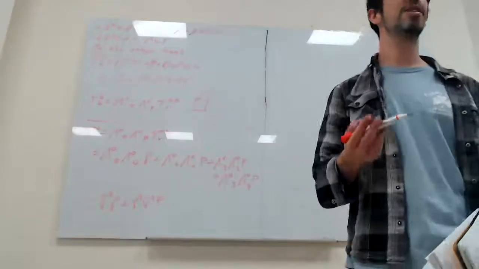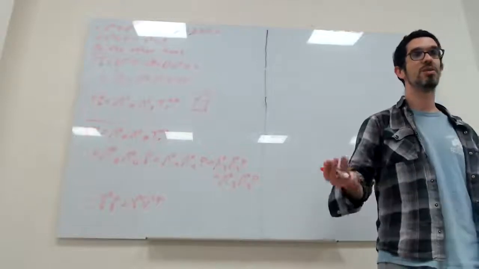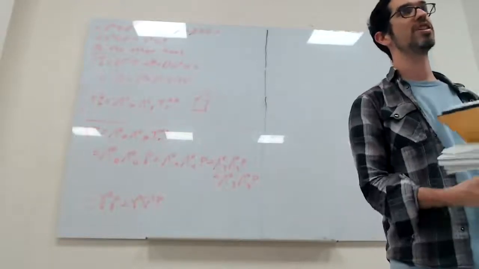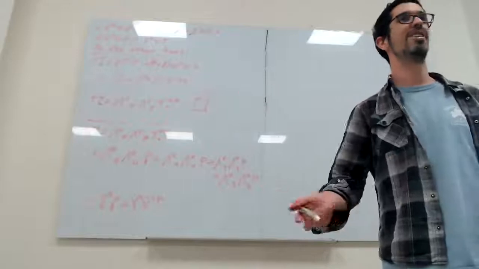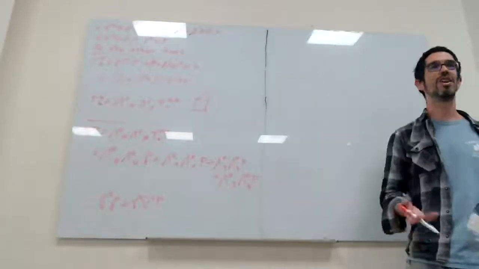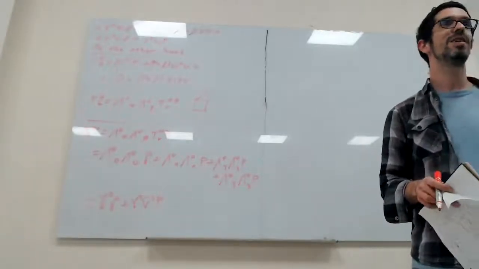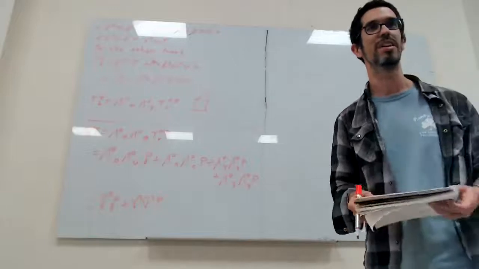What are the first equations ever written in special relativity? Maxwell's equations. So we need to know how to write Maxwell's equations in tensor language. Otherwise, if we can't write Maxwell's equations in the language that we formulated in the past few weeks, then special relativity is probably not a good theory.